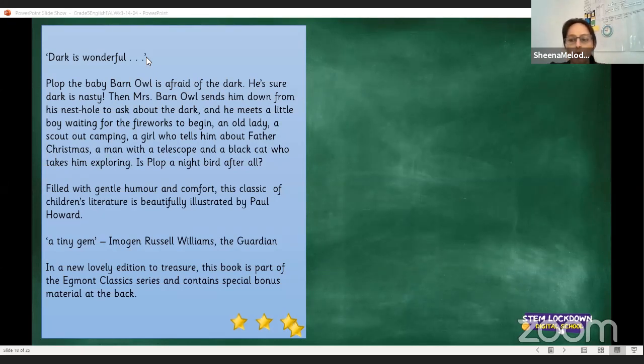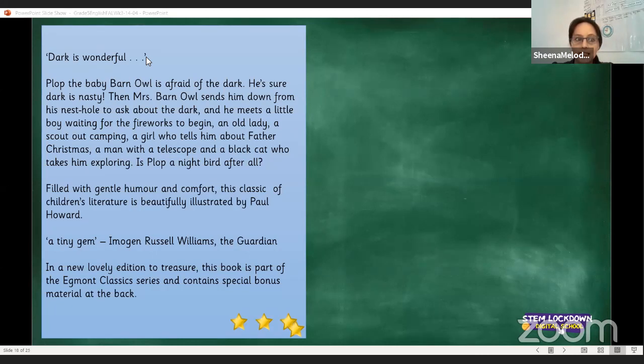The dog is wonderful. Plop, the baby barn owl, is afraid of the dog. He's sure Ark is nasty. Then Mrs. Barn Owl sends him down from his nest hole to ask about the dog.